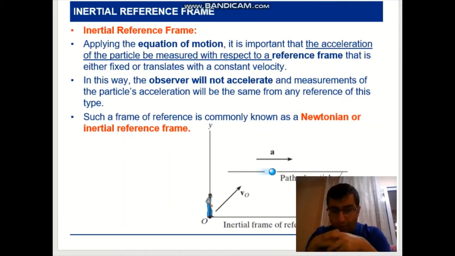In the inertial reference frame, we need to use a reference frame, like where we are located or where the observer is located. It may be a moving reference or a static reference, it doesn't matter. But if it moves, it shouldn't have acceleration.